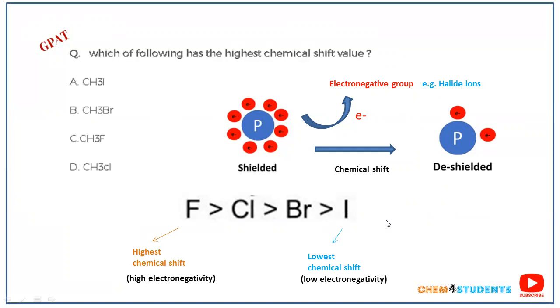That is the reason the answer will be C. Methyl fluoride is the answer, which provides the highest chemical shift value due to its high electronegativity. So this is about NMR spectroscopy. Thank you.